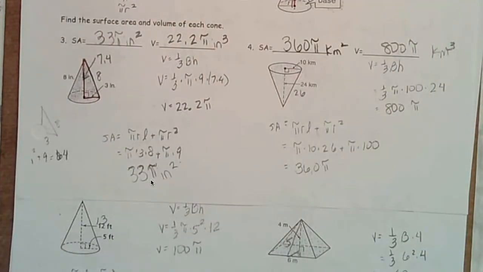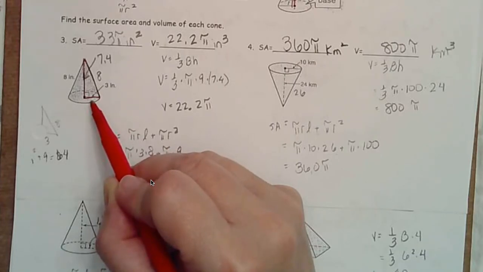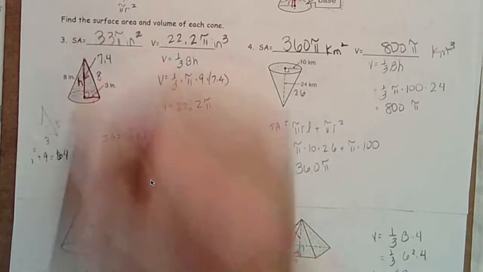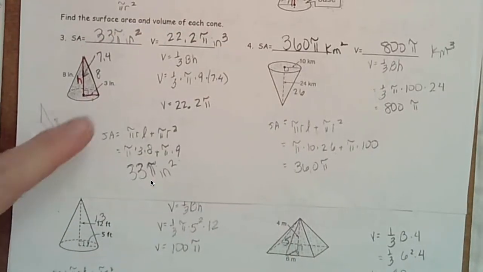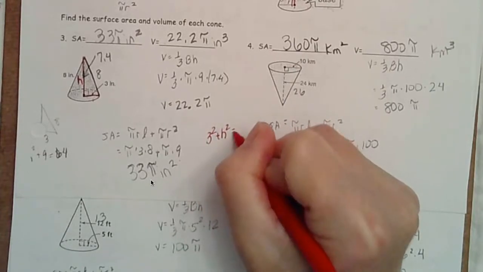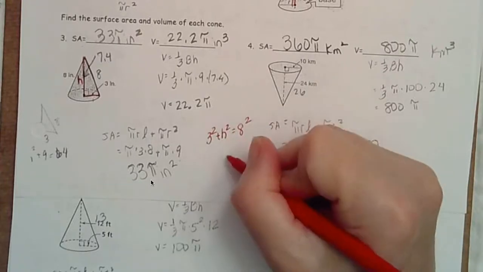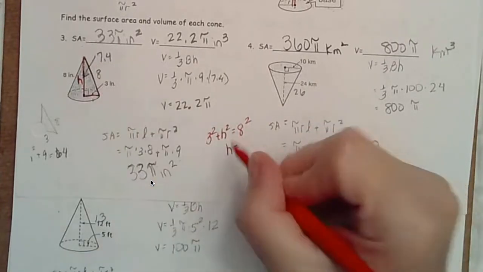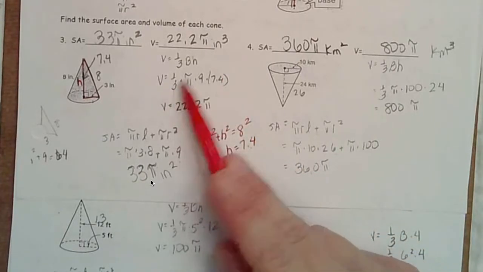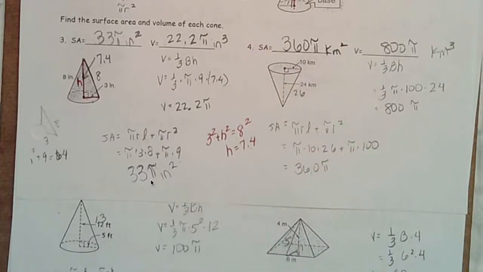Again, you see a right triangle, and your right triangle has 3 for one side, and maybe we'll even call it h for this other side, and your hypotenuse is 8. So it's going to be 3 squared plus h squared is equal to 8 squared. 64 minus 9, take the square root, and h is equal to, there it is, 7.4. So once you find that, plug it into your formula, multiply out everything, maybe except the pi, and then you put the pi in your final answer.